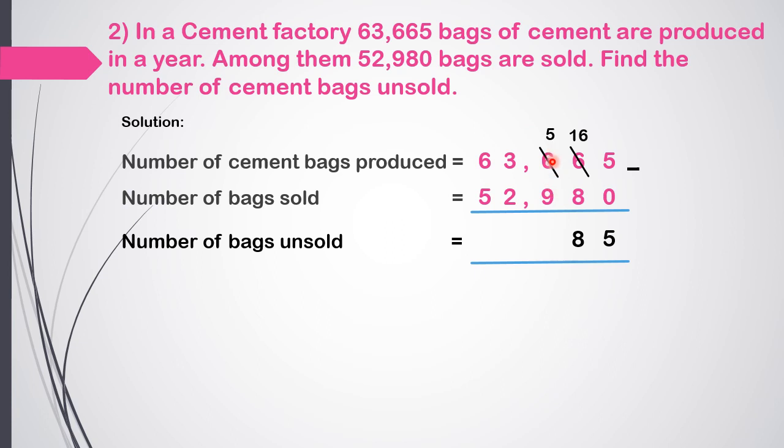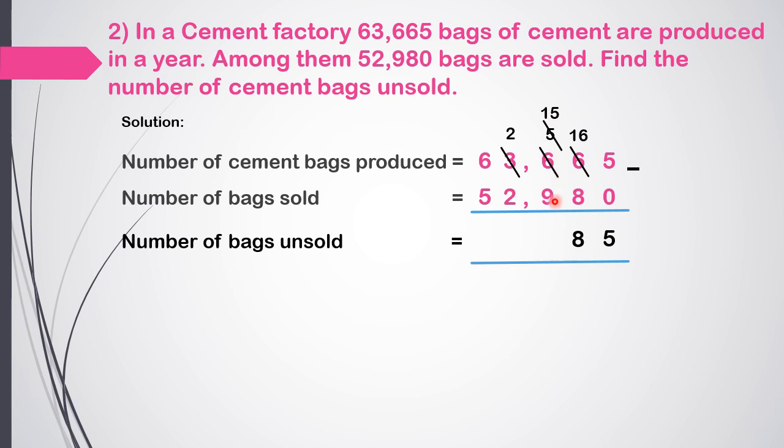Now 5 minus 9. Can we subtract 9 from 5? No. So we have to borrow from the previous number. So here 3 changed into 2. Then here 5 changed into 15, because we borrowed 1 from the previous number. So 15 minus 9.